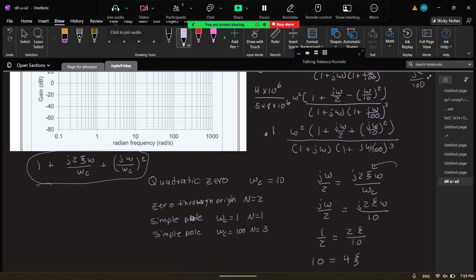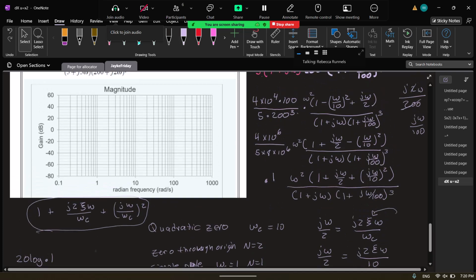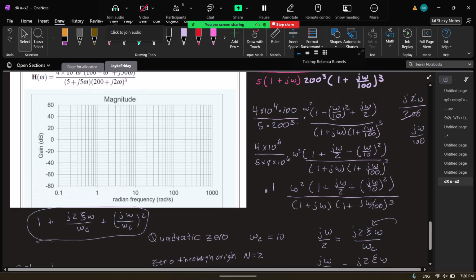And my constant term was 0.1, and so I take 20 log, so 20 log 0.1 gives me negative 20. So my constant term is negative 20, so I'll draw that in red.